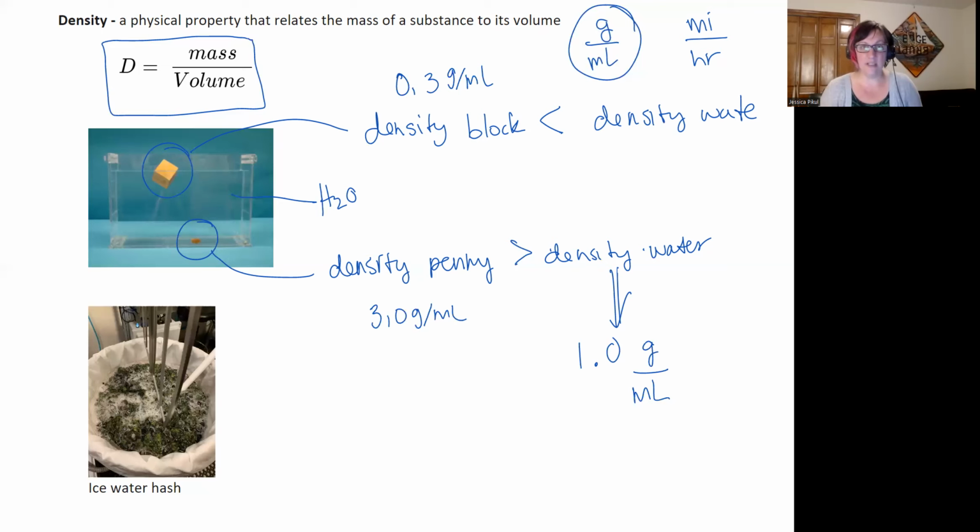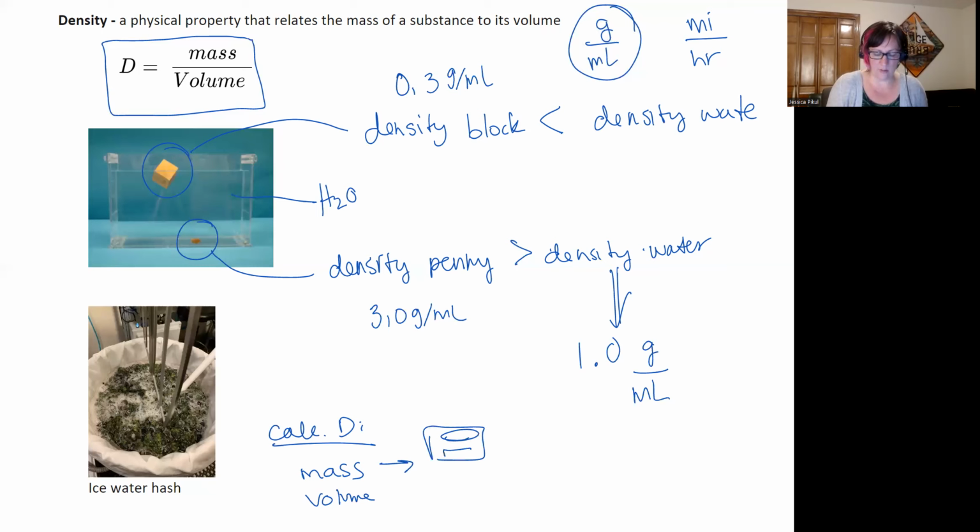And if you wanted to calculate the density and do a measurement, you would need to know the mass of the object and the volume. And so maybe you weigh this out, and it's 2.0 grams, right?